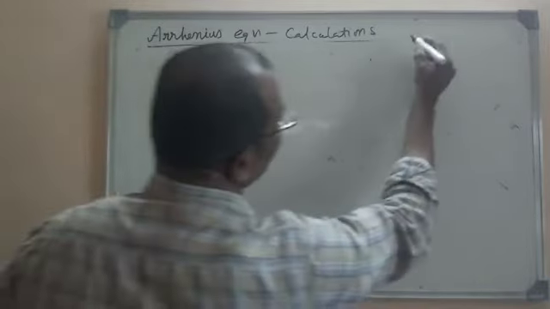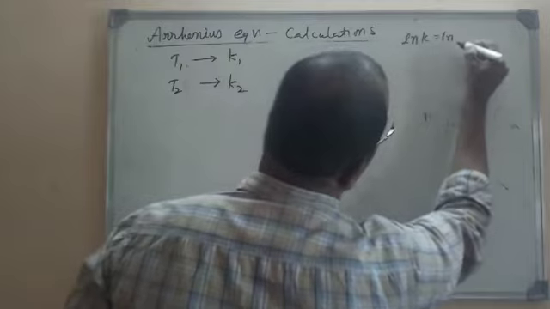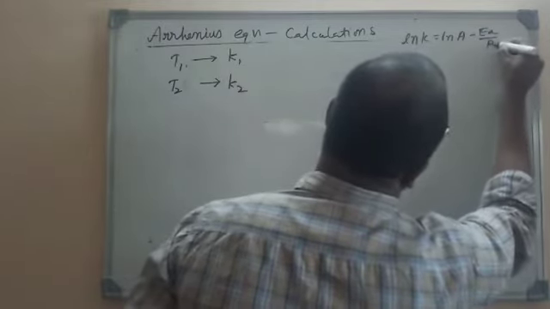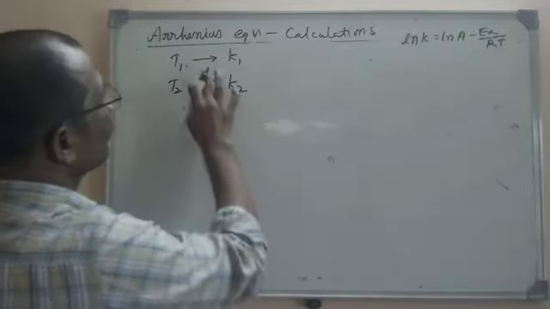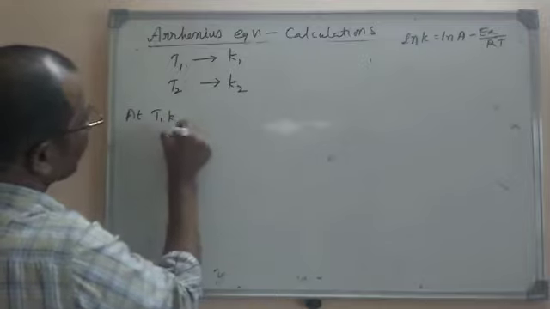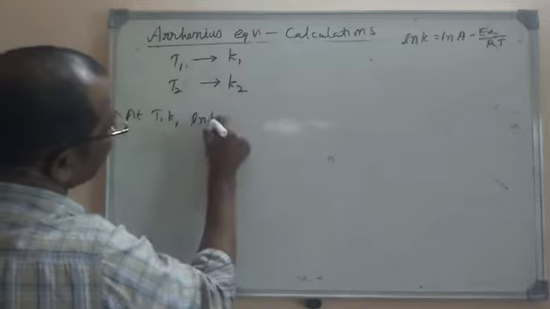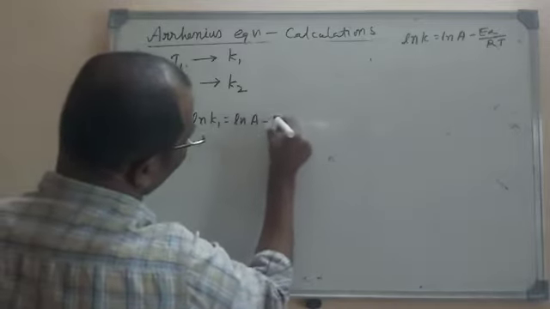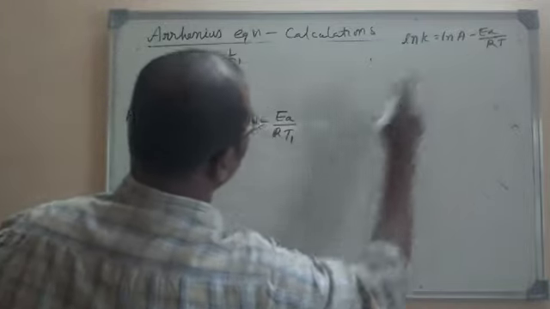So what is the Arrhenius equation? Already I have written it here. ln k is equal to ln A minus EA by RT. This was the equation that I have written. Now at T1 Kelvin, what will it become? k is k1, so ln k1 is equal to ln A minus EA by R T1. In place of T, we put T1.